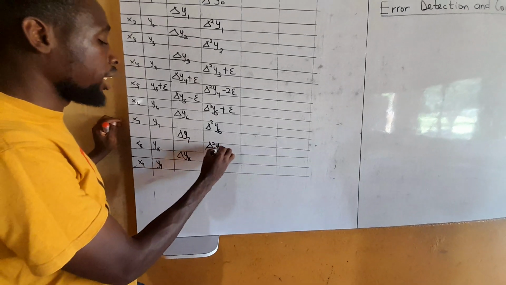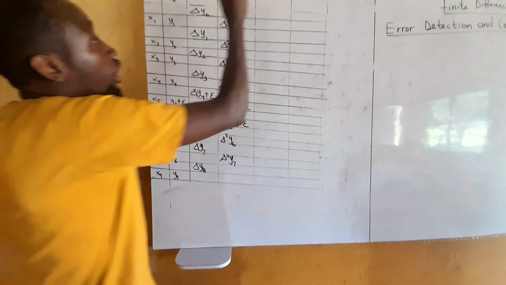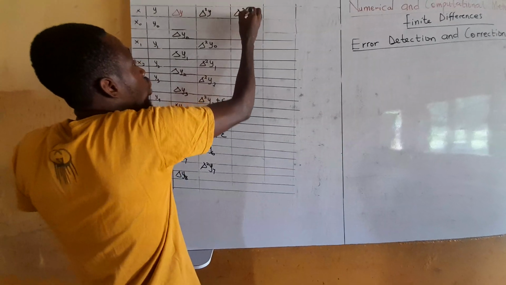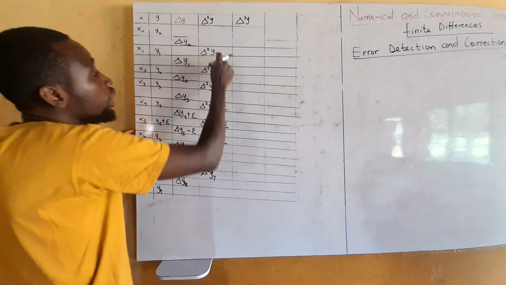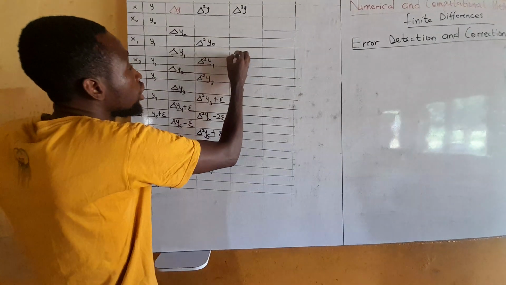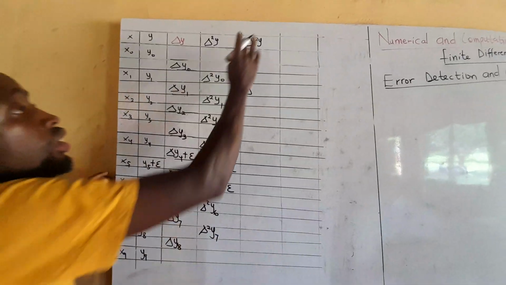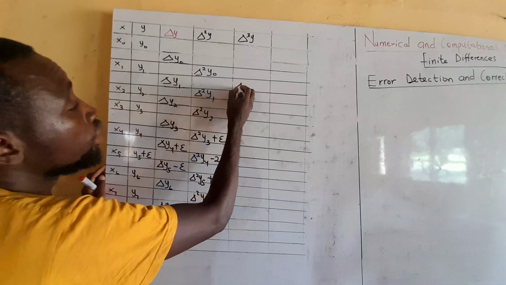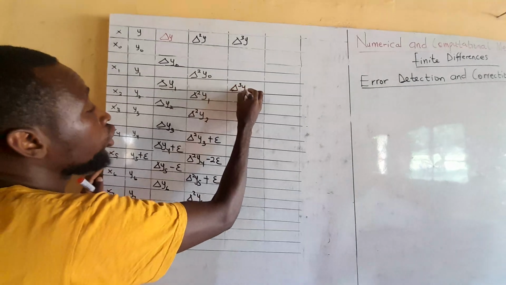then this and this will be del square y7. Now let's find the third difference, that's del cube y. The difference between this and this will be del cube y0.